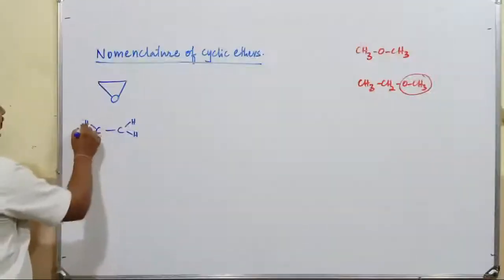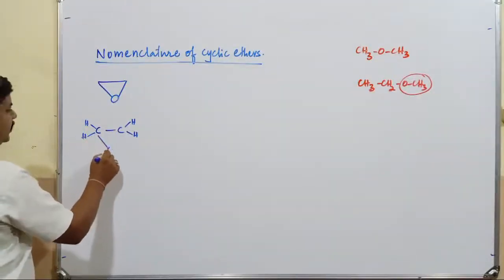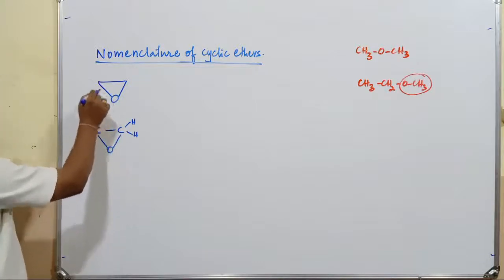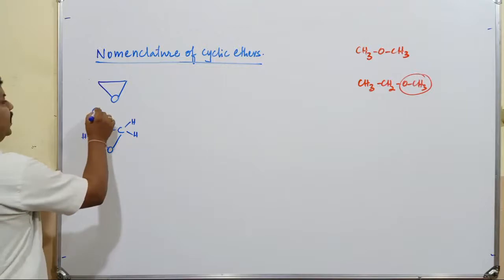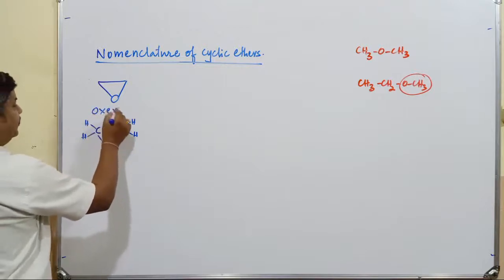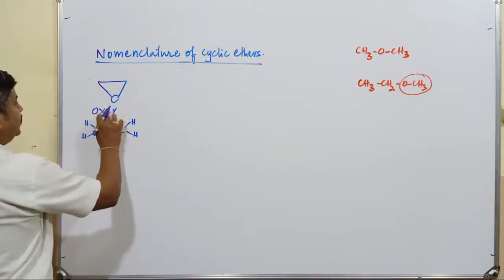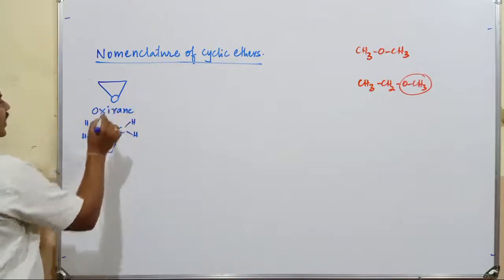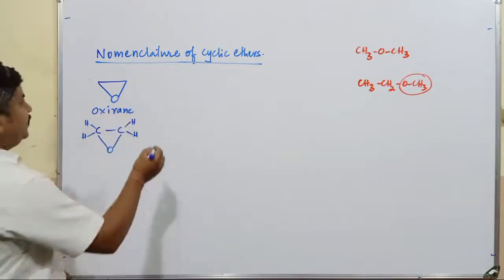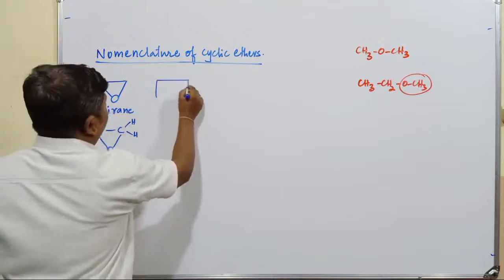Wherever such compounds are there, they are called oxiranes. This is known as oxirane.